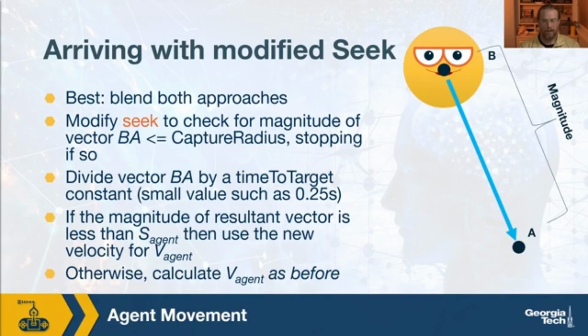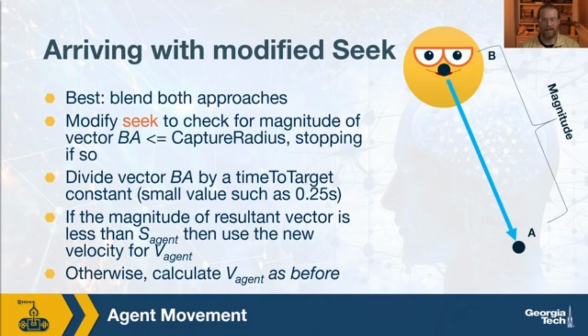So once you've figured out what velocity you have to go to get there in 0.25 seconds, we can take the magnitude of it and compare that to whatever the agent speed is. That's like a speed limit. We don't want the agent to start going faster than that. So if that resultant vector is less than the maximum speed allowed, that means we're slowing down to reach our target.